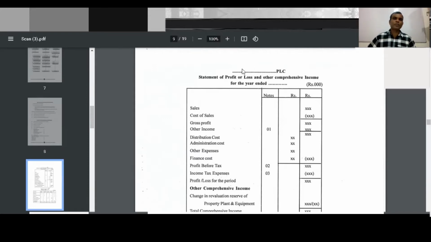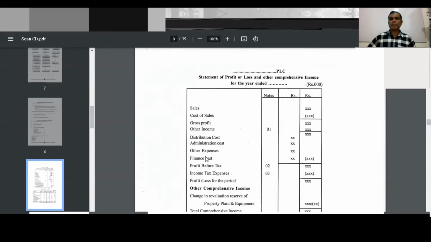Based on the periodic concept, you have to write the accounting period. And based on the money measurement concept, you have to write the measurement value, that is rupees or cents. This is why here I have mentioned rupees thousands.